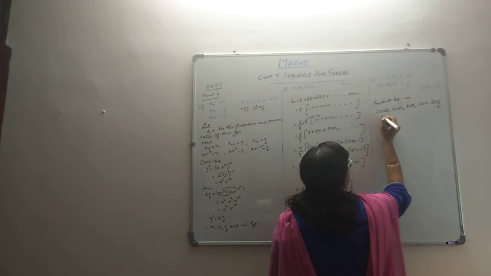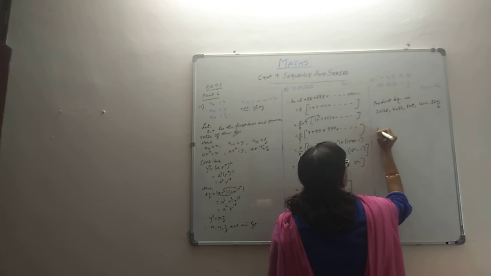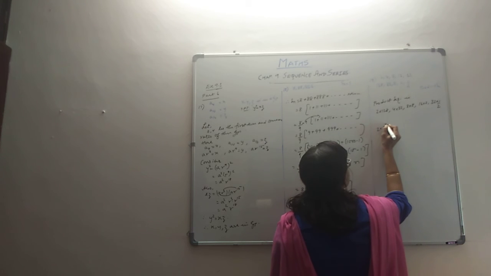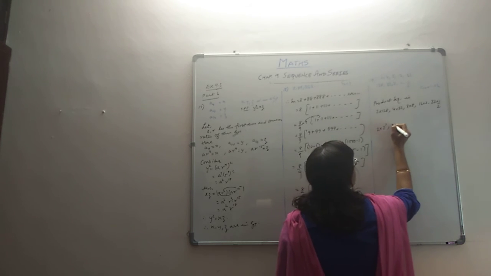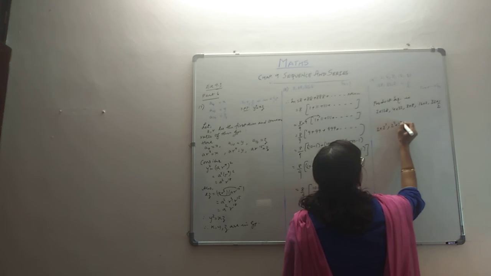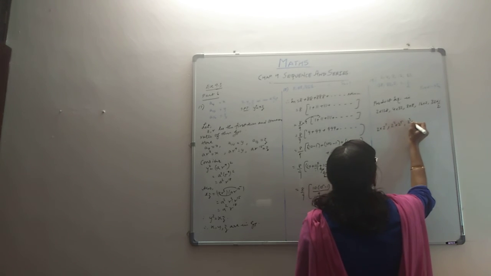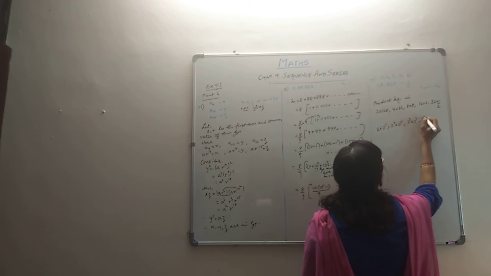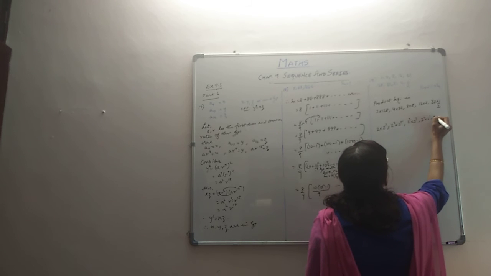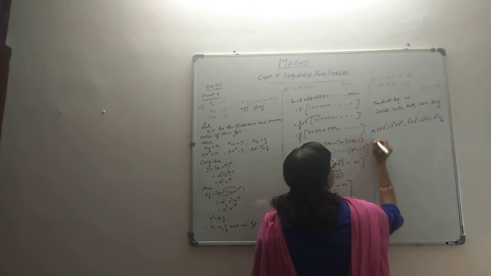Now if you carefully see, these are all powers of 2. It's 2 into 2 raised to 7. This is 2 squared into 2 raised to 6, then 2 cube into 2 raised to 5, 2 raised to 4 into 2 raised to 4, and 2 raised to 5 into 1 by 2. So let's see what will come.